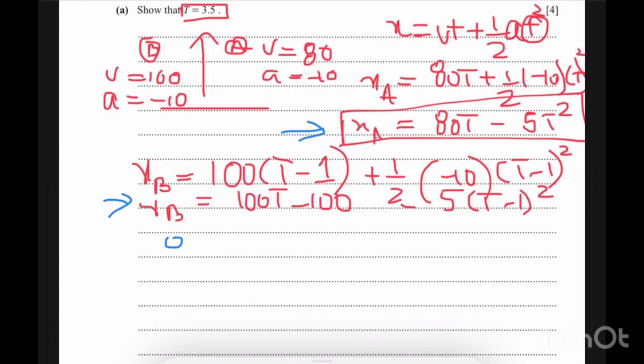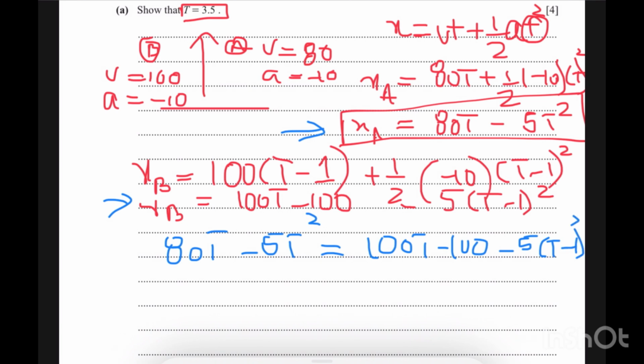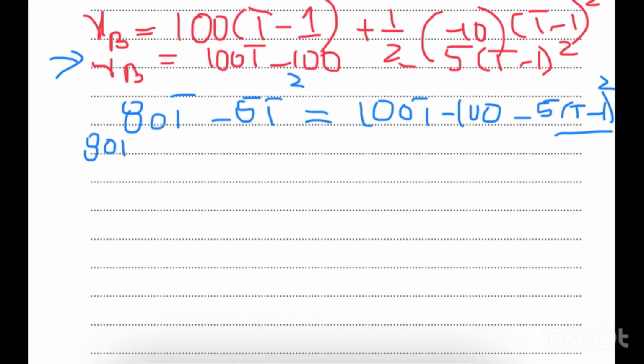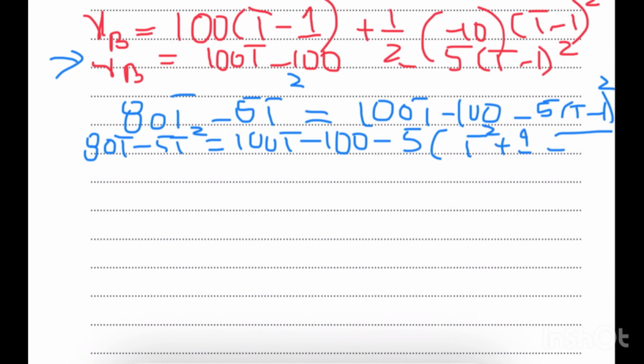Now we will equate these two formulas. So 80t minus 5t squared is equal to 100t minus 100 minus 5 times (t minus 1) whole squared. When we open (t minus 1) whole squared, we get t squared plus 1 minus 2t.